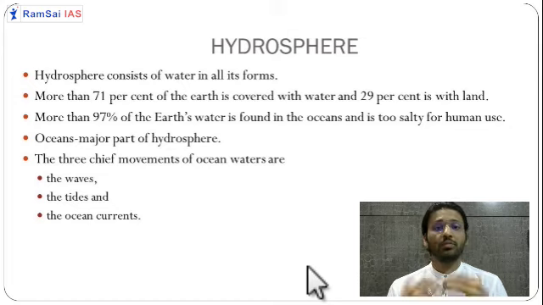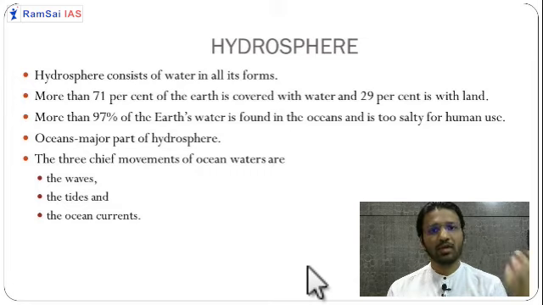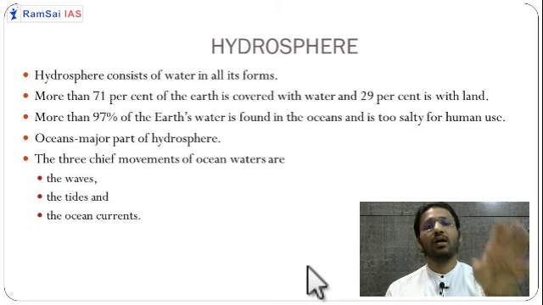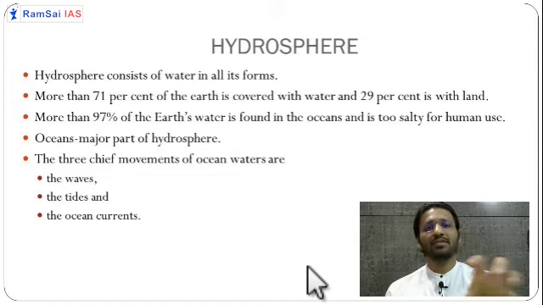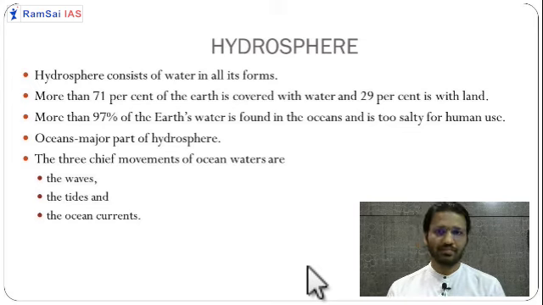So Earth is known as a blue planet, that we have seen in the first chapter, because 71% of the earth is occupied by water. Water reflects blue color, so from space, earth looks blue. That is why earth is also known as a blue planet. 29% of the earth is occupied by land.